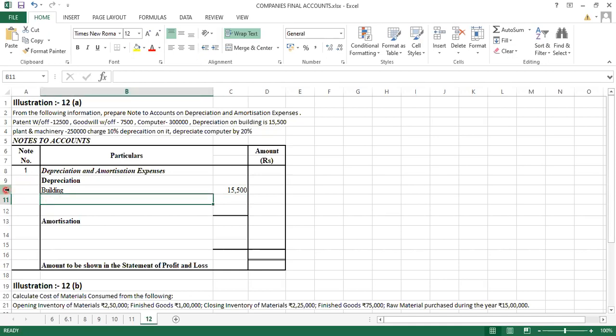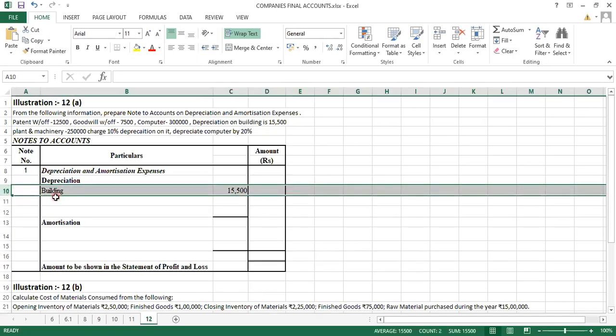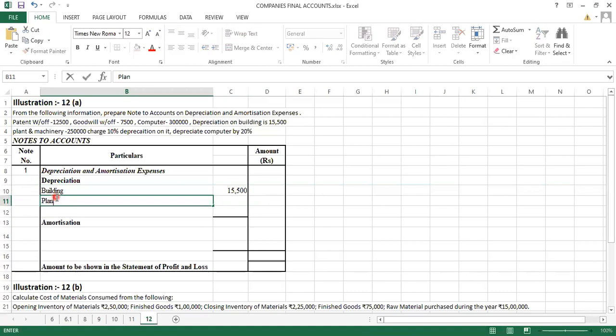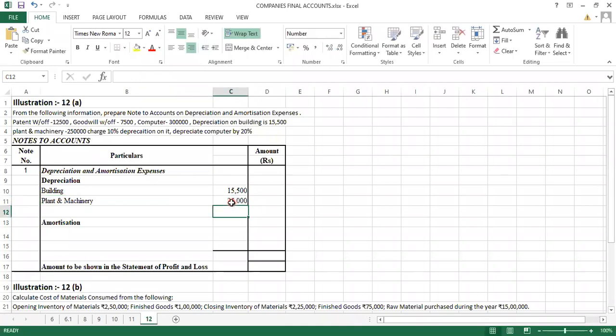Then we have plant and machinery. It is 2,50,000. On it we have to charge 10% of depreciation, so 25,000. Next we have computers.